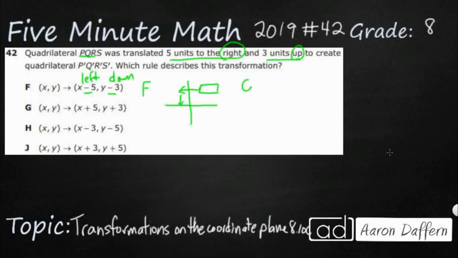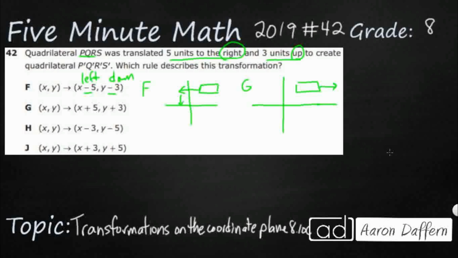Let's check what G looks like. Get ourselves a nice visual. Let's just go ahead and put that same rectangle over here. All right, so G says plus 5. Now I'm going to have to go off my graph a little bit. That's fine. We can always extend the graph.